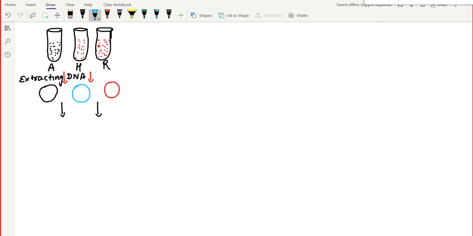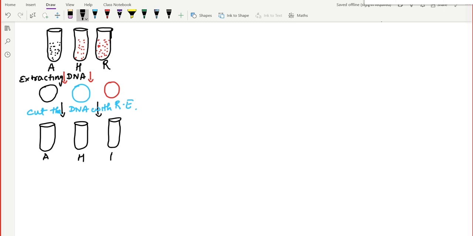We're going to cut the DNA with restriction endonuclease enzyme. After cutting the DNA, we'll have DNA fragments in A, DNA fragments of H, and DNA fragments of R.